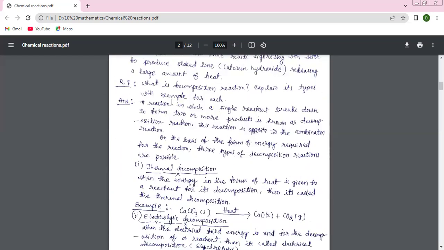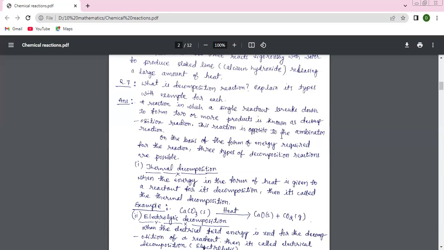Next, we'll move to what a decomposition reaction is. Explain its types with an example for each. First we will understand the meaning of decomposition reaction. A reaction in which a single reactant breaks down to form two or more products is known as a decomposition reaction.